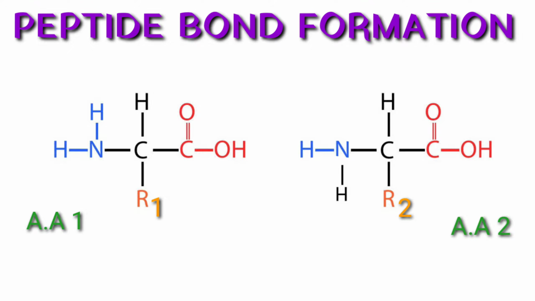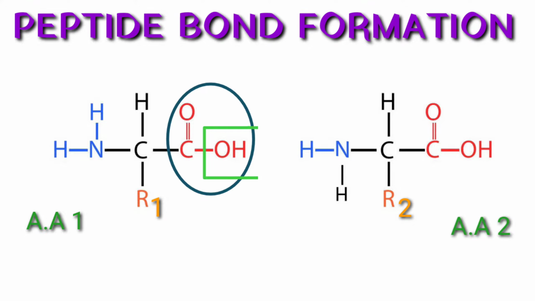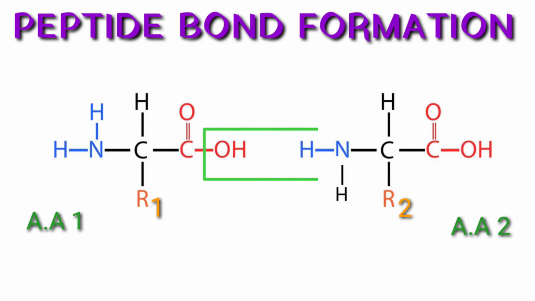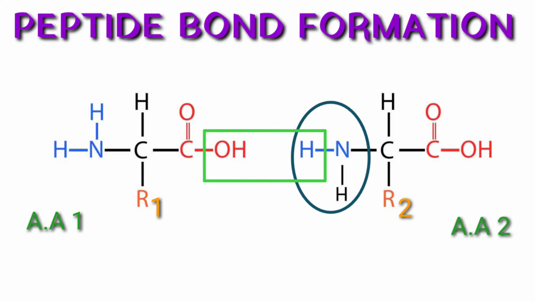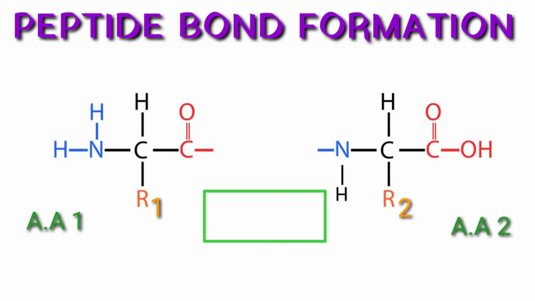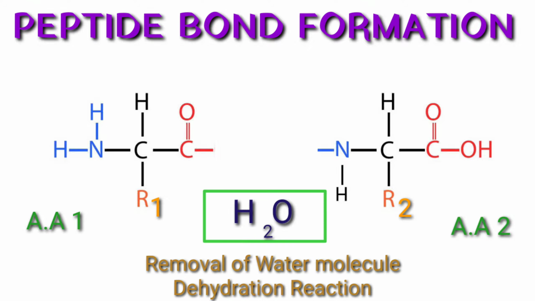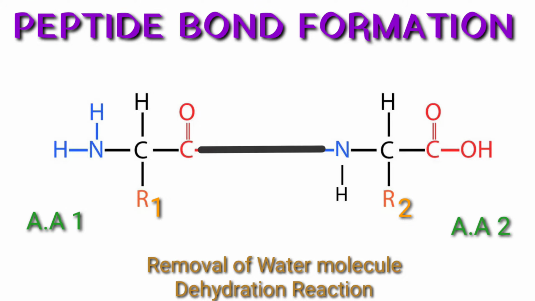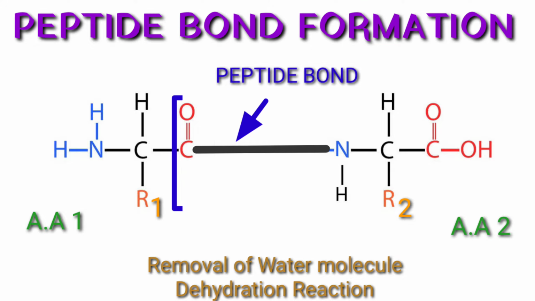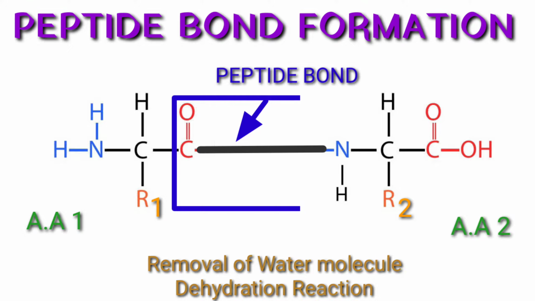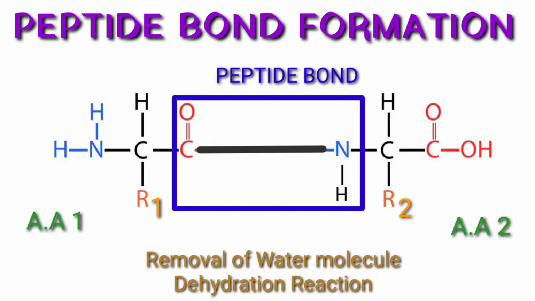Here you can see that the OH group from the carboxylic group and a hydrogen atom from the amino group are removed in the form of a water molecule. As you already know, H plus and OH minus come together to form H2O, that is nothing but a water molecule, and removal of this water molecule results in formation of a peptide bond between the carboxylic group and amino group of two different amino acids.